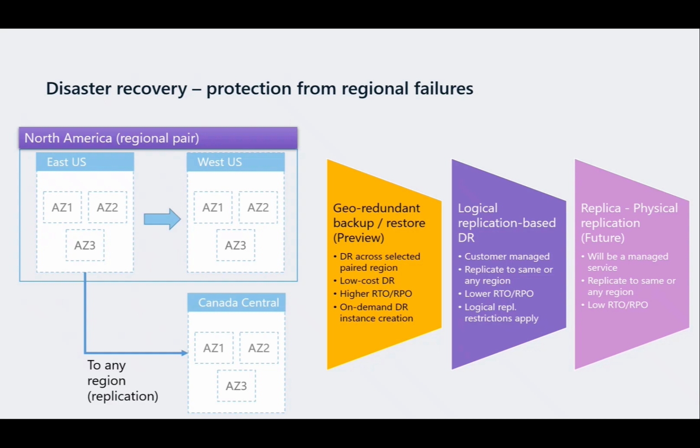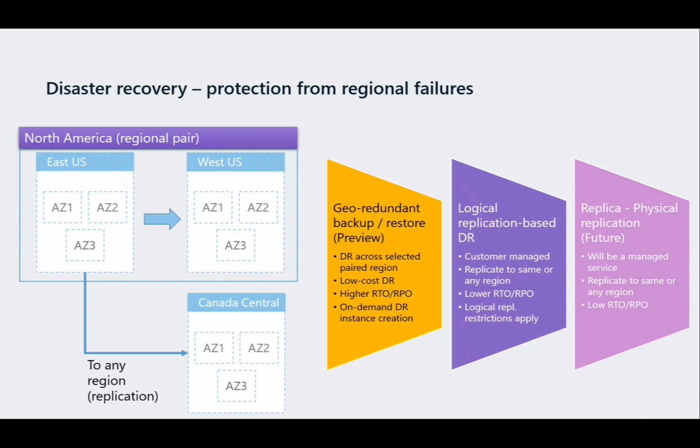That's kind of the simplest cross-region DR, right? The other way out, you can still build your own replication between the regions based on logical-based replication. So it's got some restrictions to it, but it would be managed by you guys. And then finally, we do have coming in a matter of a few months the ability to put replicas in paired regions.